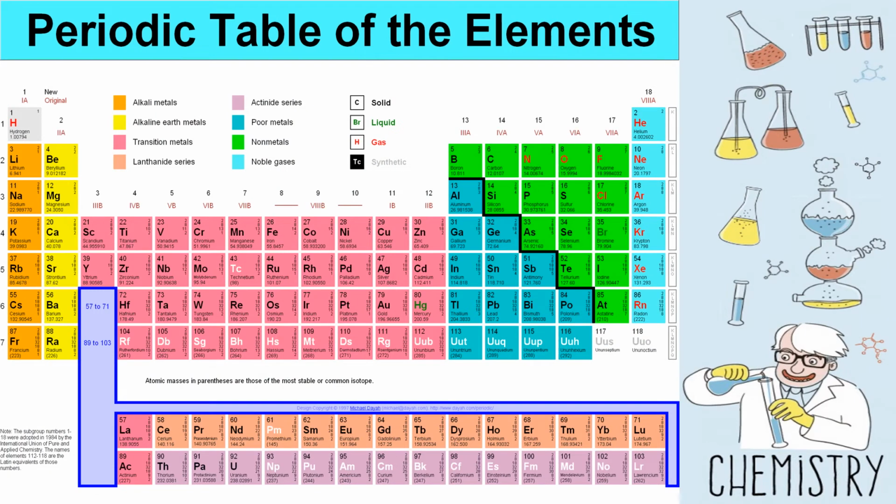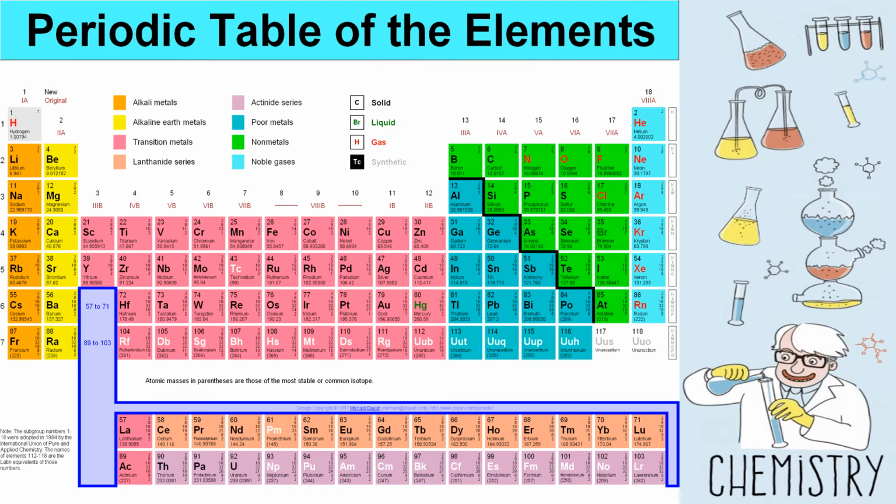Now, if we look at the periodic table of elements, the zigzag part here, you can see boron, silicon, arsenic, tellurium, astatine. From these onwards, you can use these elements to form ionic bonding between metals and non-metals.